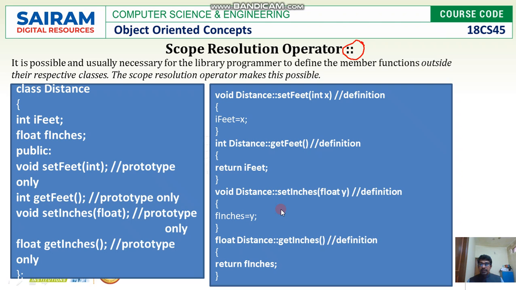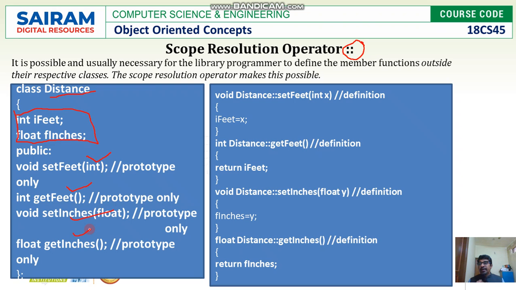Let us see a small example for this. We can find a class called distance, and by default these are known as the private members. Under public we have four functions: set feet, get feet, set inches, and get inches. If you look carefully inside the class, we have only prototypes.